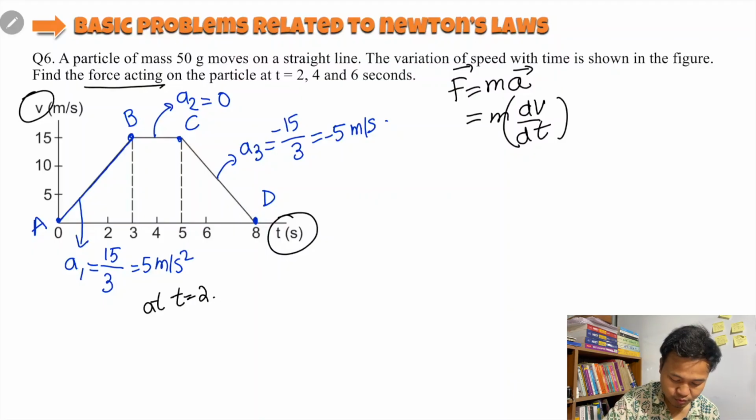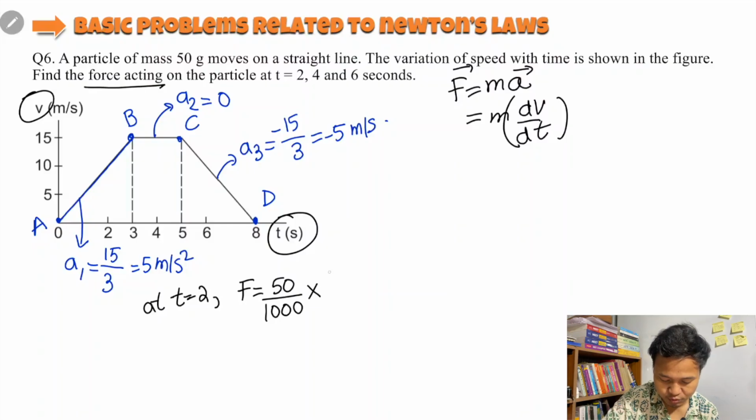At t equals 2, what is the force? Mass into acceleration: 50 by 1000 into acceleration 5. So 5 times 50 is 250, divided by 1000 means 0.25 Newton.